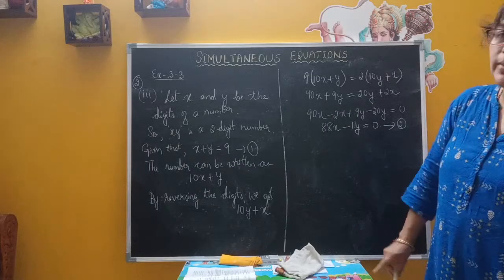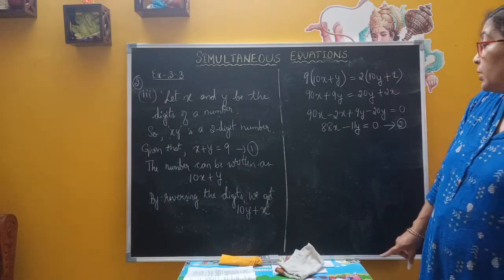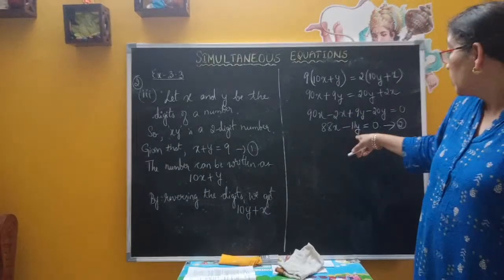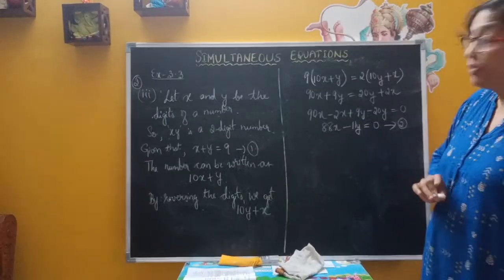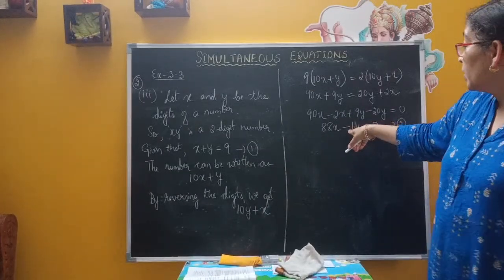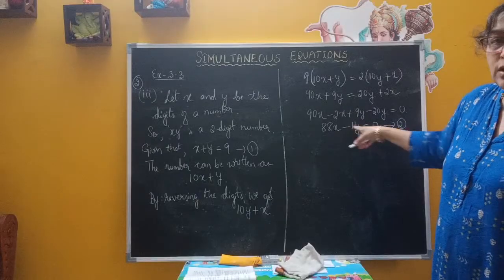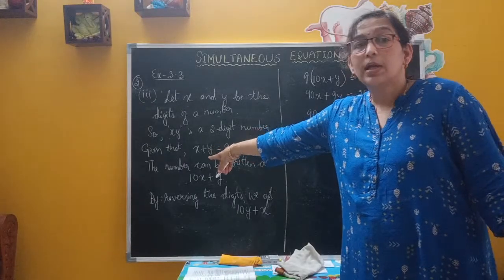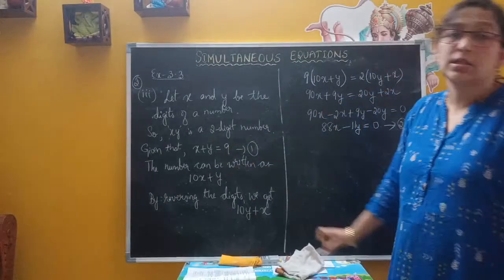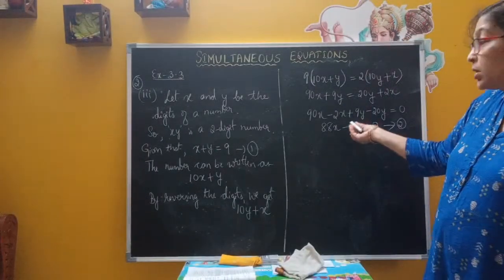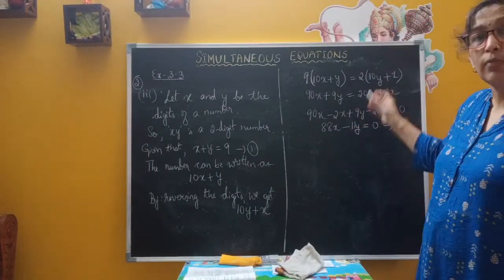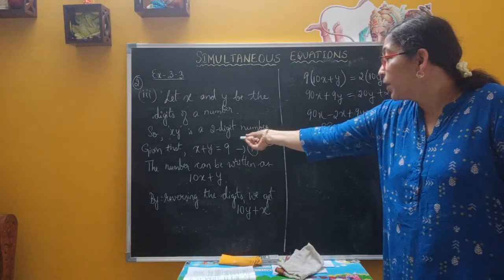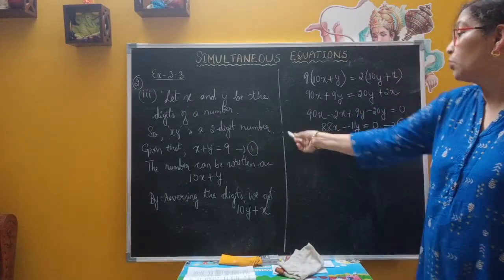Okay, how can we eliminate now? Either x must have equal coefficient or y must have equal coefficient, whichever is easy. Here we have minus 11, the coefficient of y is minus 11. If we get plus 11 as the coefficient of y in the first equation, we can add the equations and eliminate y, isn't it? So what to do? Multiply equation 1 by 11, throughout the equation.